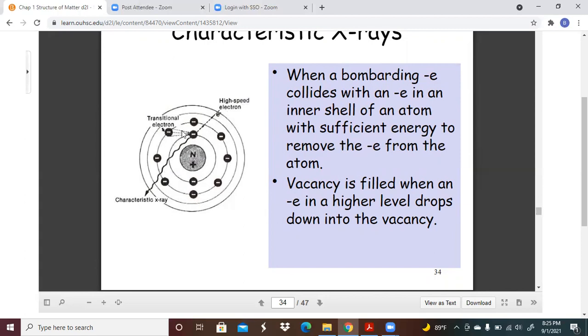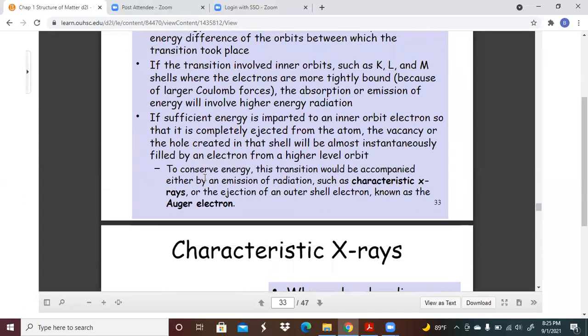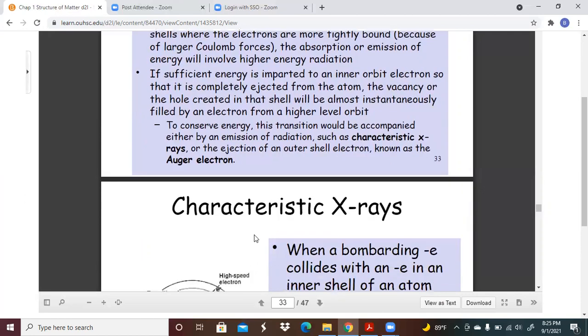You can even just eject that particular electron, leaving a vacancy. And the vacancy is filled when an electron in a higher orbit drops into the vacancy to fill it. So remember that it's accompanied by an emission of radiation, that characteristic X-ray.